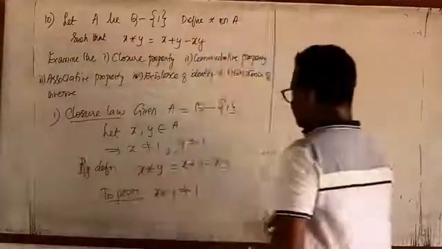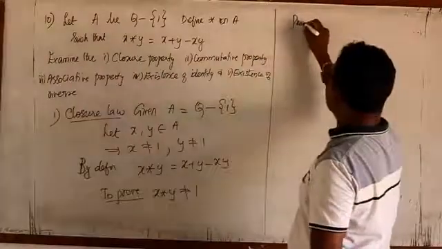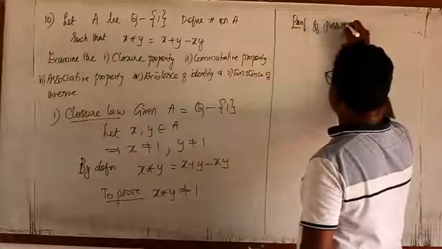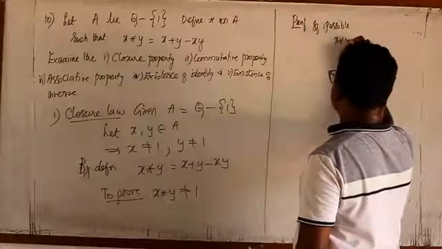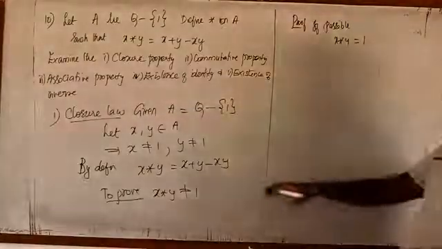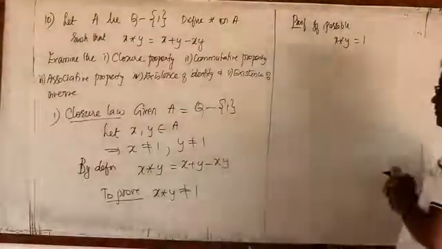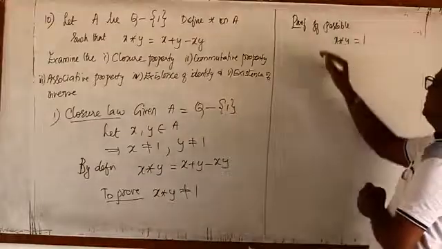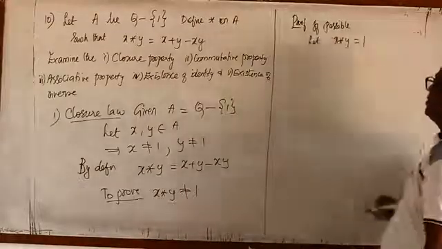So the proof is something different. Proof. If possible, let me take x star y equal to 1. Suppose if that is equal to 1, what will happen? That we shall see. So if possible, let x star y be equal to 1.